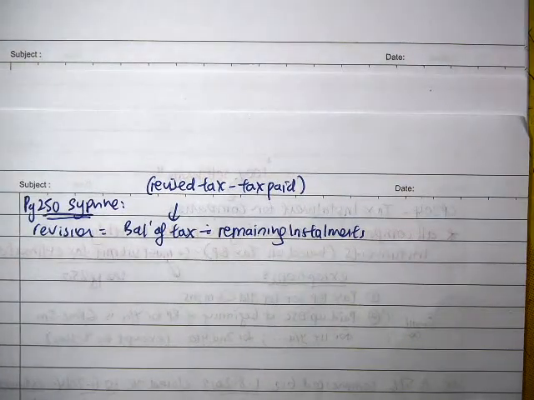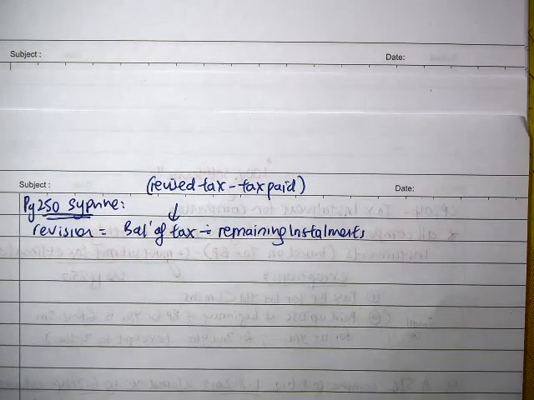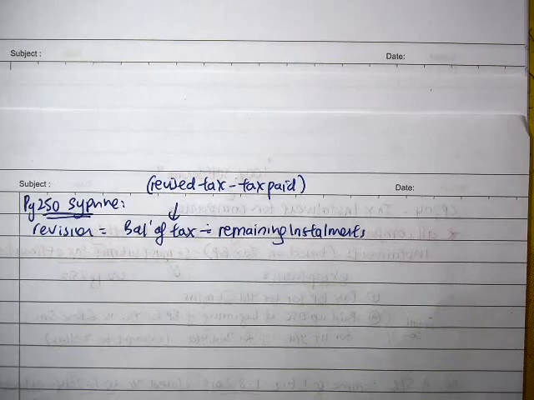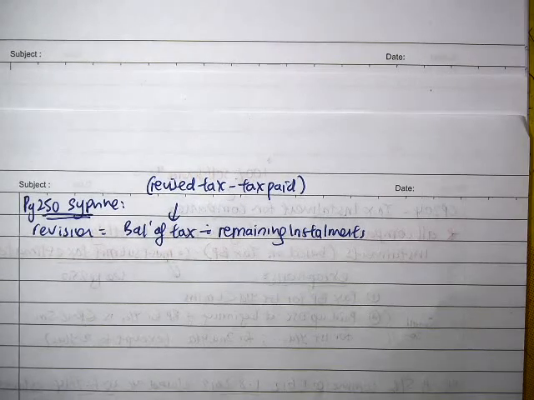If you do a revision, just remember, spread back. Okay, take the balance of the tax, divide over the remaining installment.